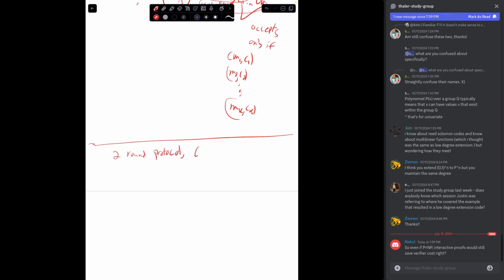Okay, now say you have a 2-round protocol. It has 64 bits of security. That's not cryptographically large. So you repeat it twice in parallel to make it have 128 bits of security.